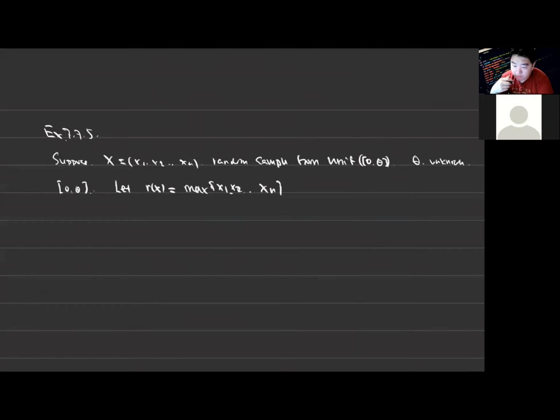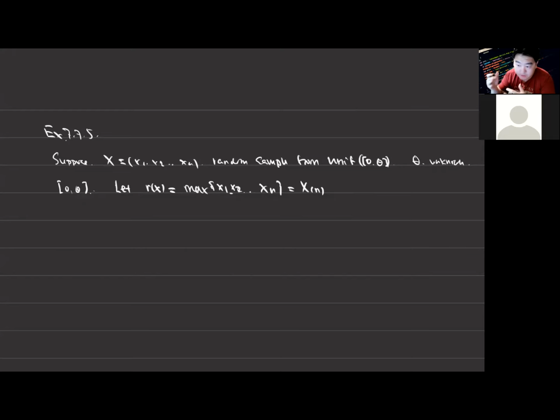Do you guys know order statistics? Let me put a remark here. This can actually be written as x parenthesis n. If your x is 1, 2, 3 all the way to n, and you take the maximum, you can write it as parenthesis n just to simplify a little bit.